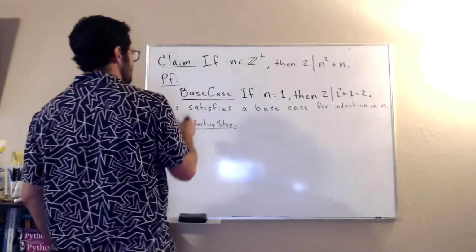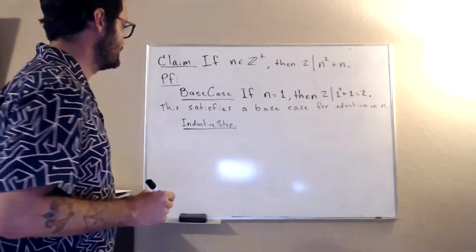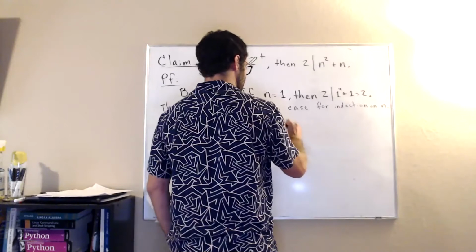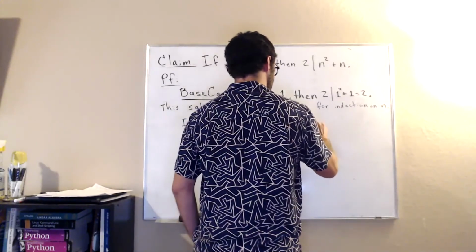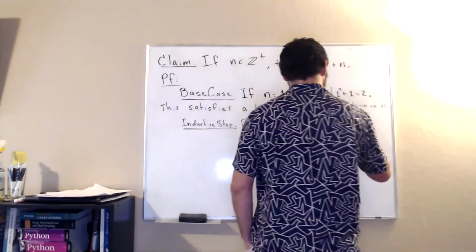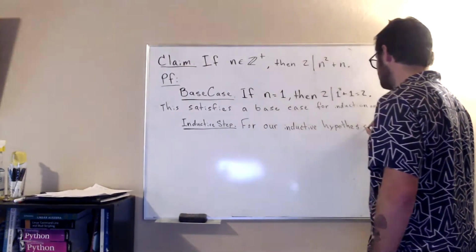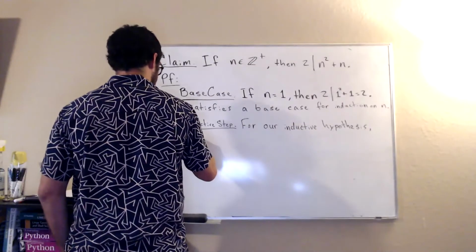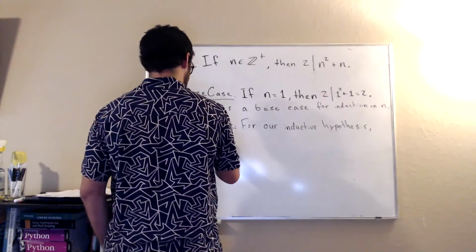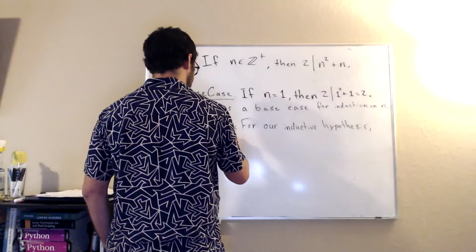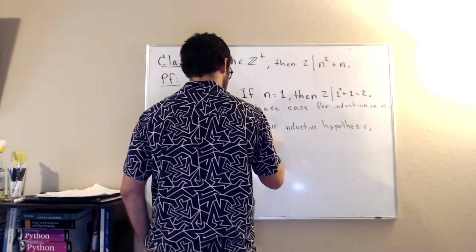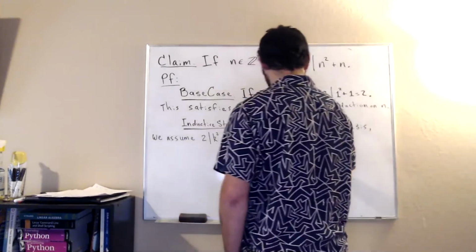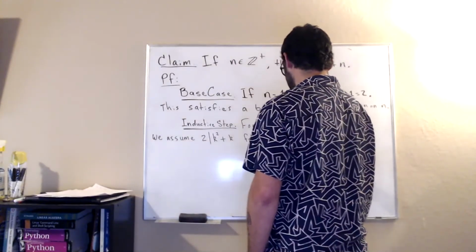So for our inductive hypothesis, we assume 2 divides k squared plus k for all k greater than or equal to 1.